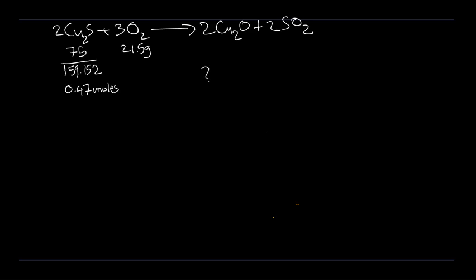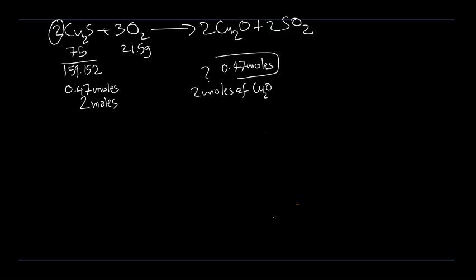I know from the balanced equation that 2 moles of copper 1 sulfide will give me 2 moles of copper 1 oxide, a 1 to 1 ratio, correct? So how many moles of copper oxide will form from 0.47 moles? The same number of moles, 0.47 moles. So that's the number of moles of copper 1 oxide from copper 1 sulfide.